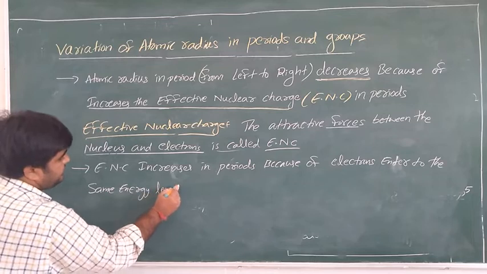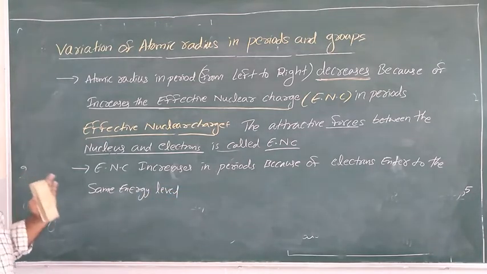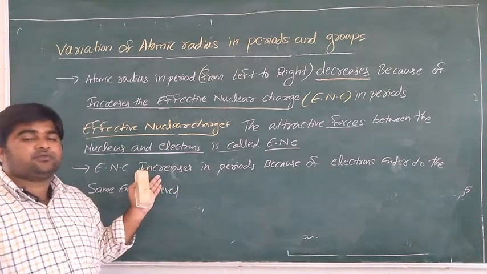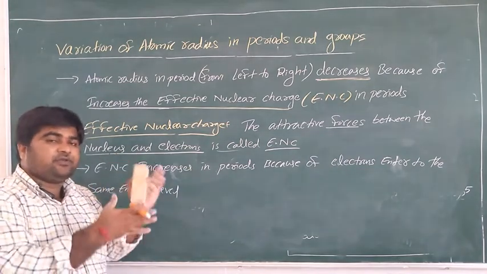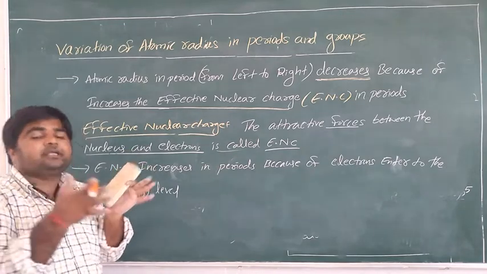Due to that reason, the effective nuclear charge increases in periods. Effective nuclear charge increase means the attractive forces increase, completely increasing from left to right. Then what happens? The atomic radius decreases.